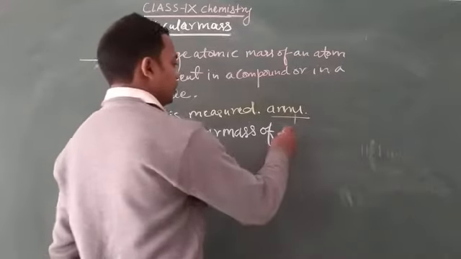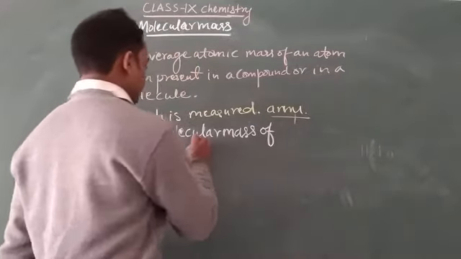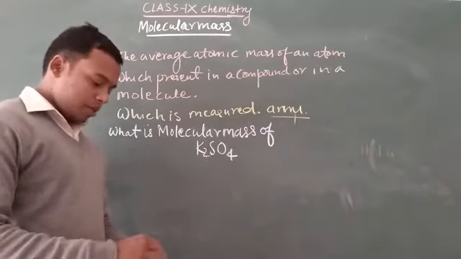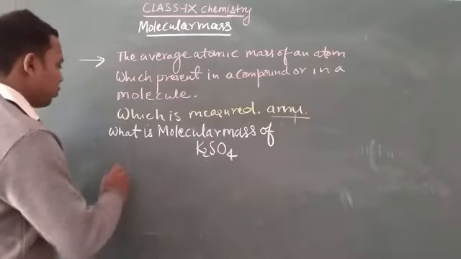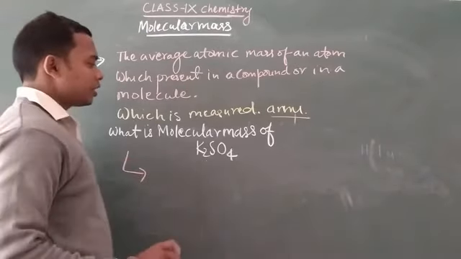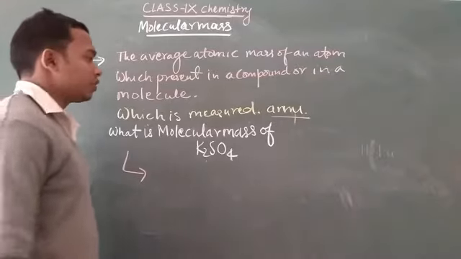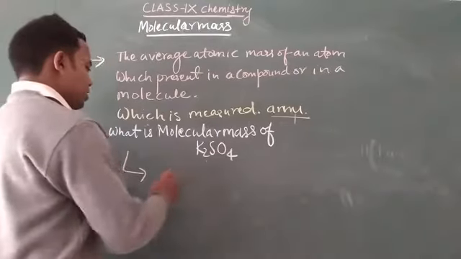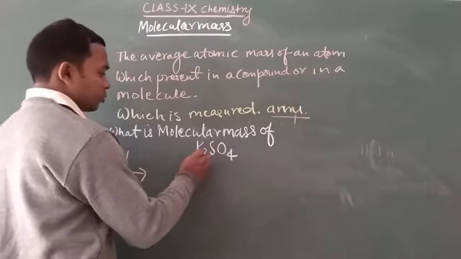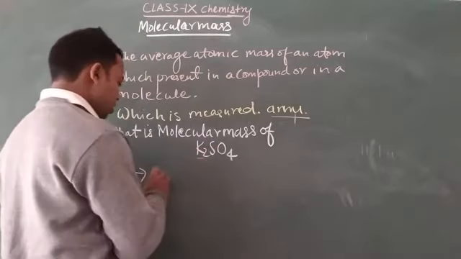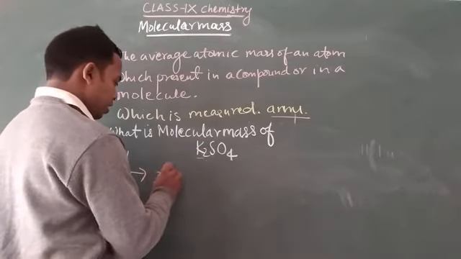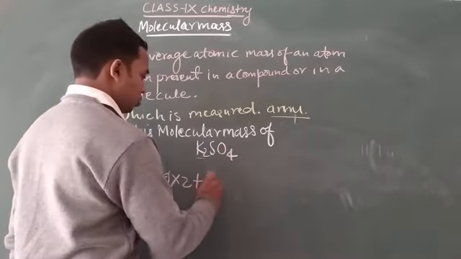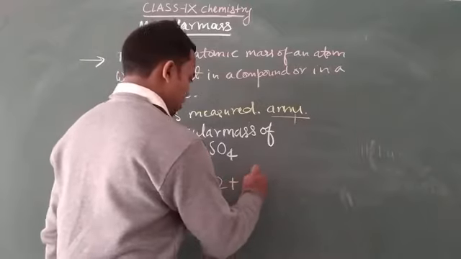What is the molecular mass of K2SO4? Let's calculate. Potassium 2 atoms, 1 sulfur and 4 oxygen. The atomic mass of potassium is 39 into 2, plus sulfur 32, plus 64.